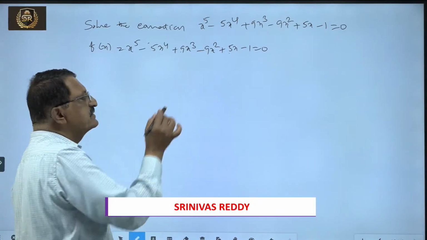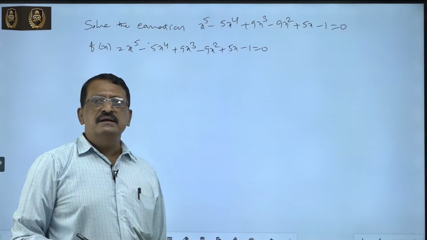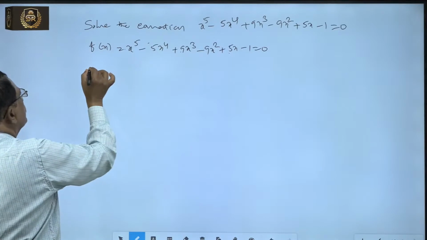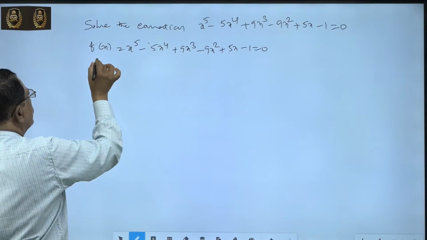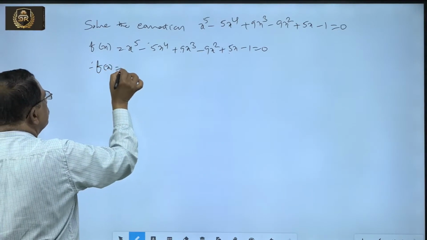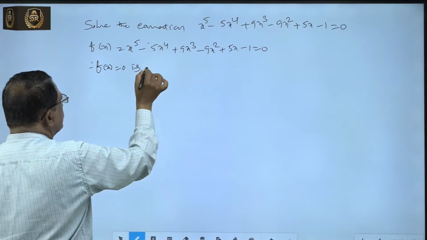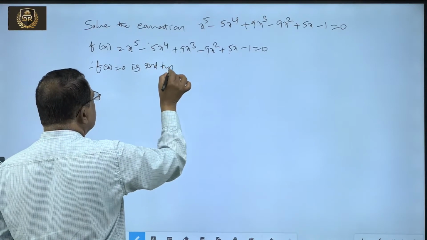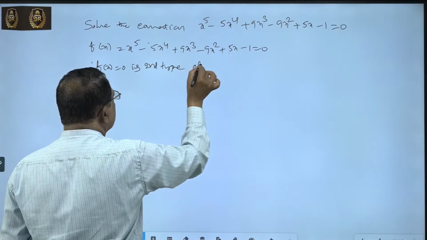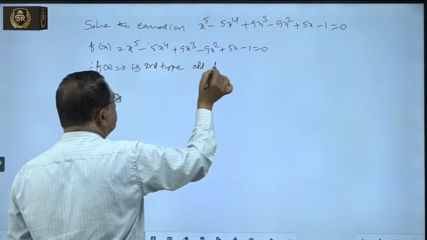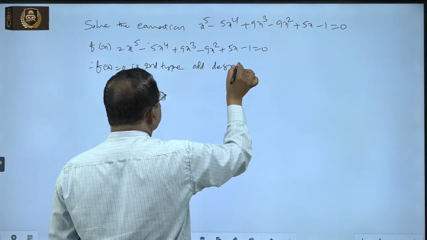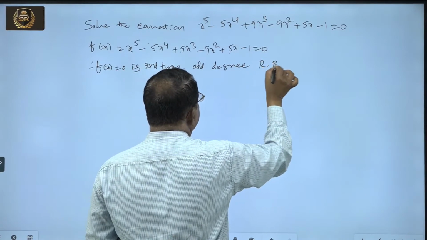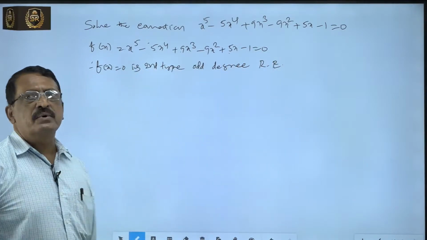Therefore, f of x equals 0 is an odd degree, second type reciprocal equation.